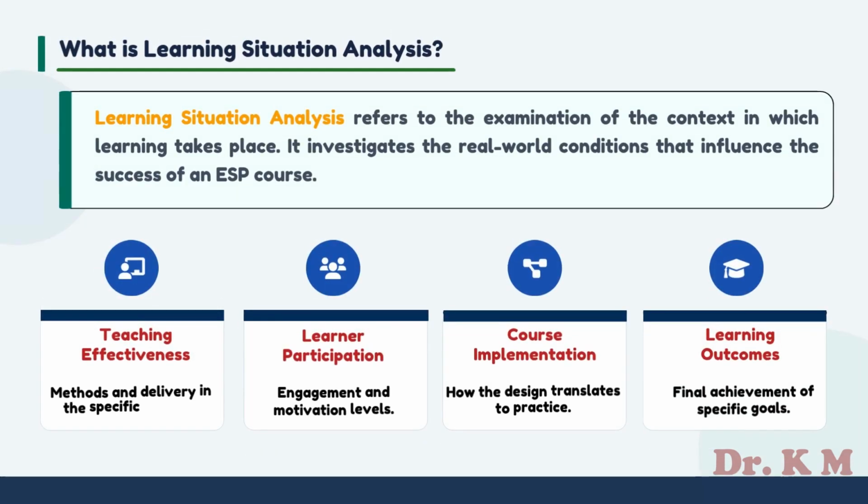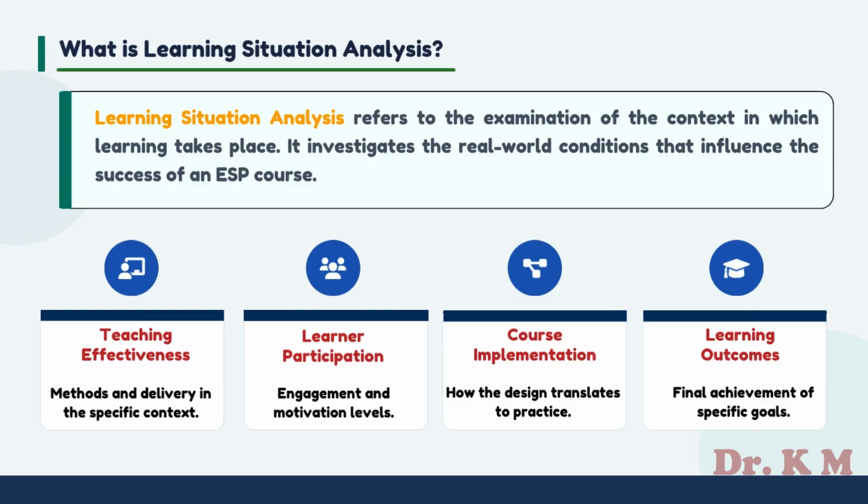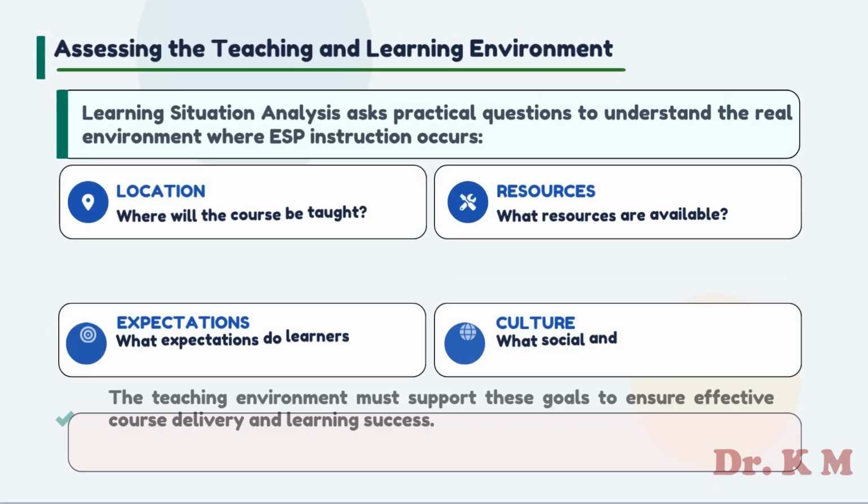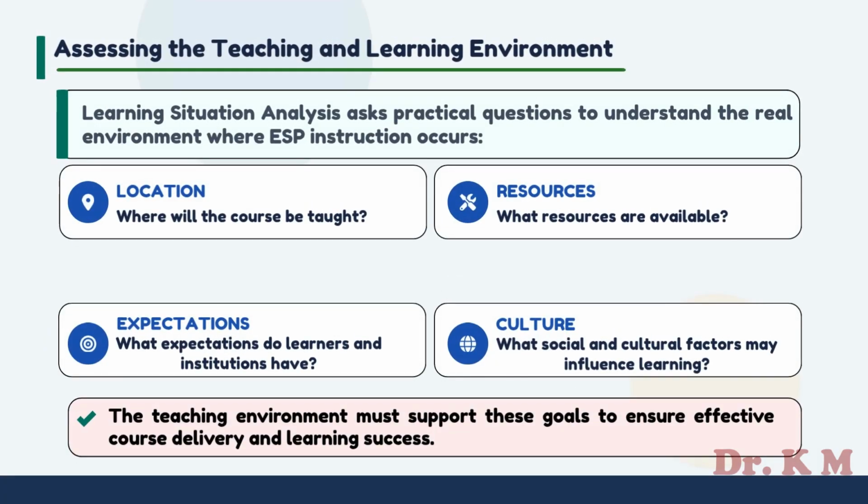What is learning situation analysis? Learning situation analysis refers to the examination of the context in which learning takes place. It investigates the conditions that influence teaching effectiveness, learner participation, course implementation, and learning outcomes. Learning situation analysis is concerned with the real teaching and learning environment.